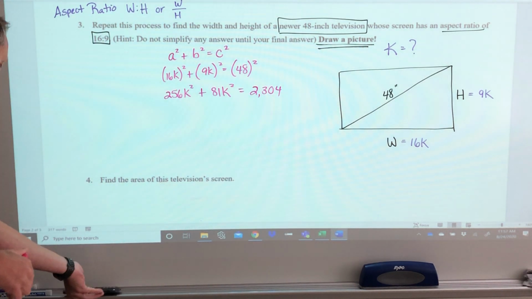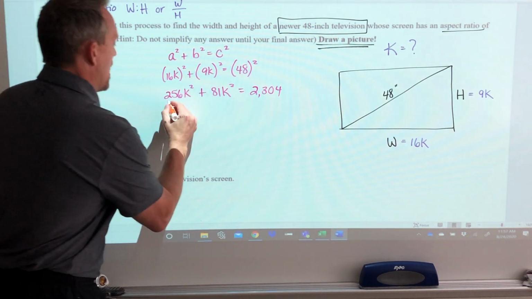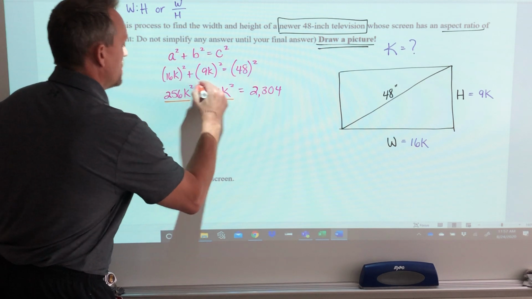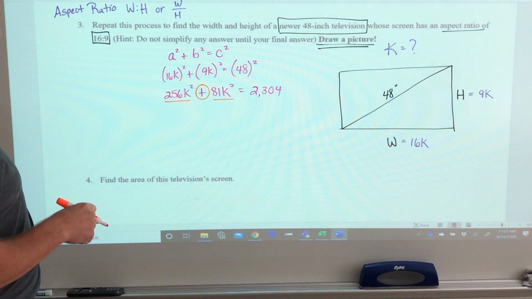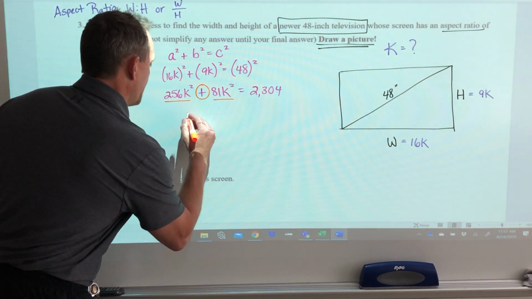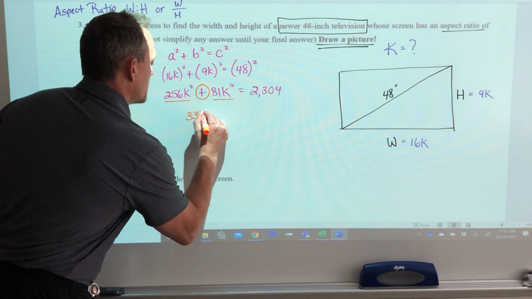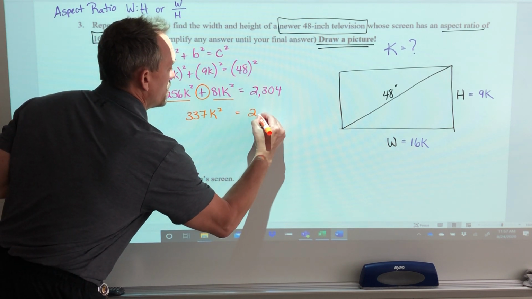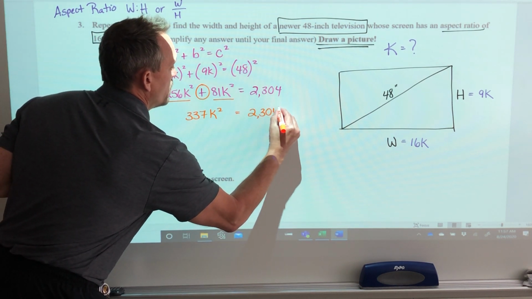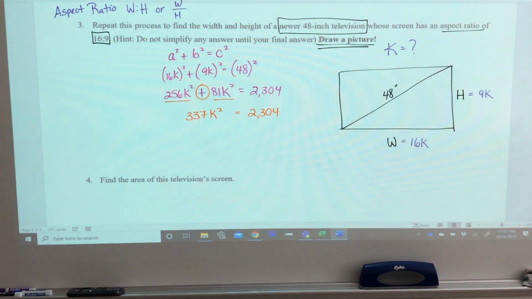Okay? So we put those together, we combine here and here. 256 plus 81 is 337. And it's K squared. And it still equals 2304.